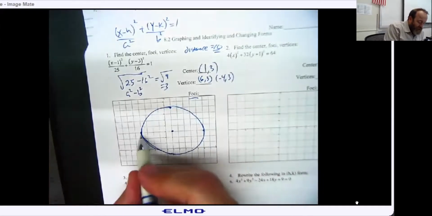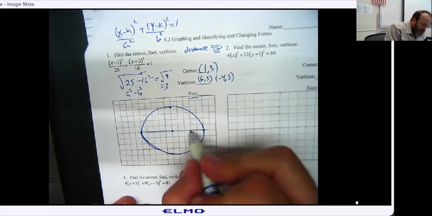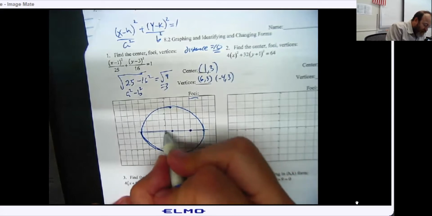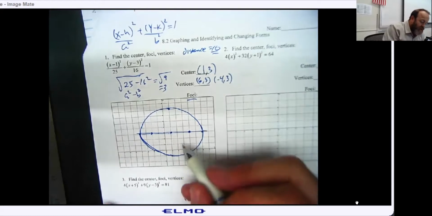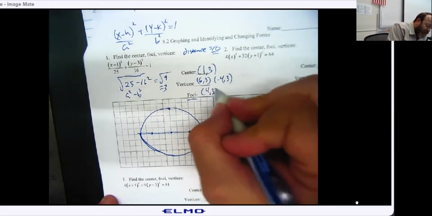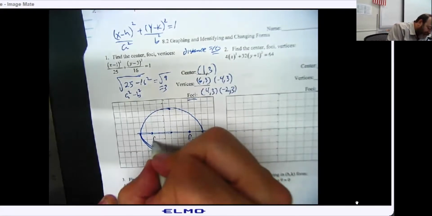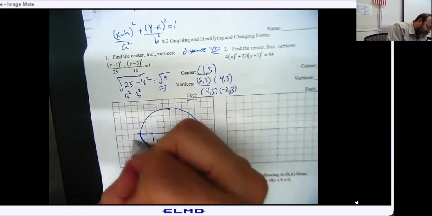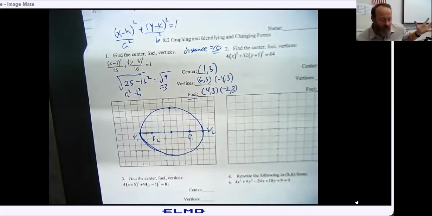So along this major axis, I'm going to move over and back 3, on the line that connects those two vertices. When I go over and back 3 from here, I get to (4, 3) and (negative 2, 3). These are my two foci. These are my two vertices. And these are called the endpoints of the major axis.